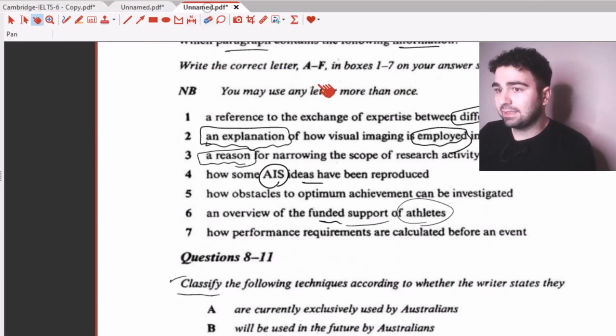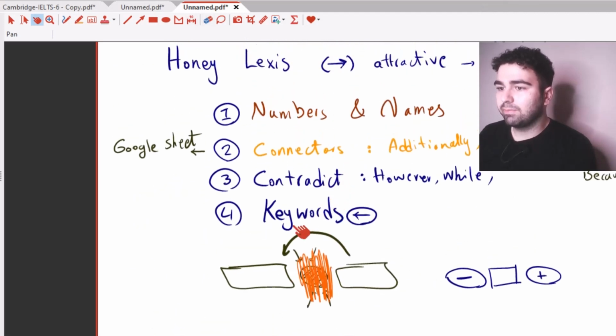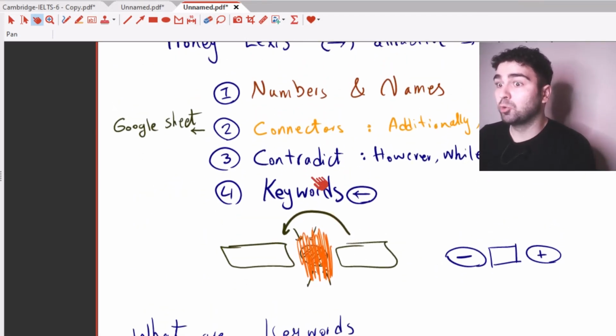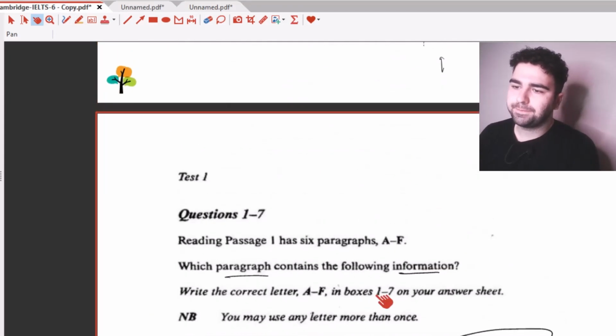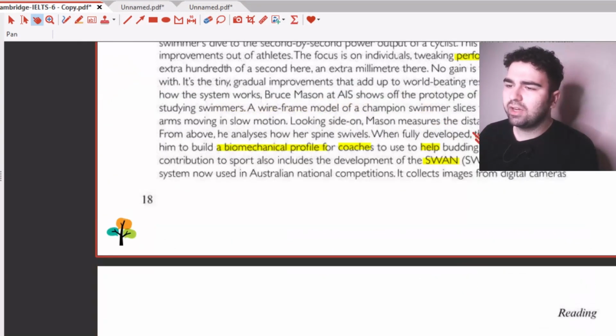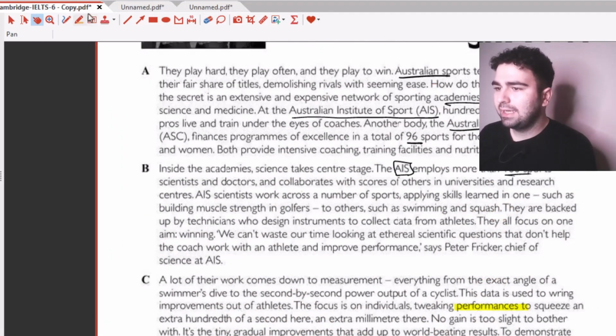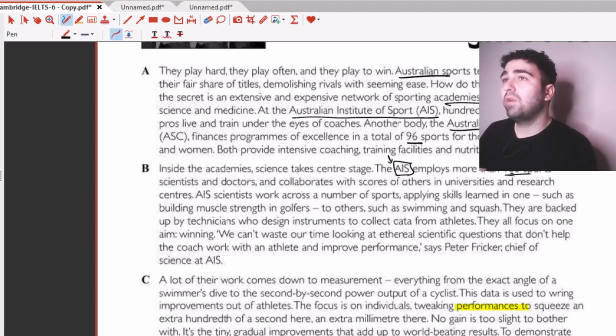And I mentioned in our document that keywords are the most important items for us. Here, when I saw AIS, there was a difference between AIS and 100. Why?